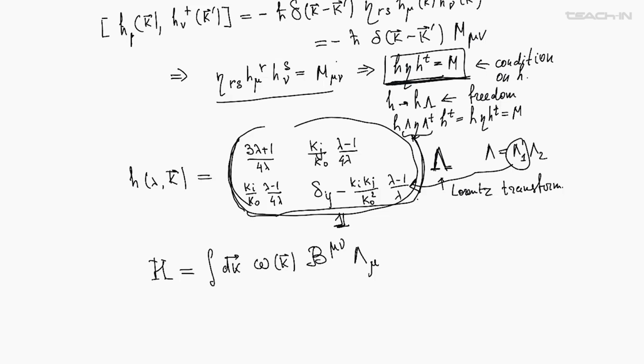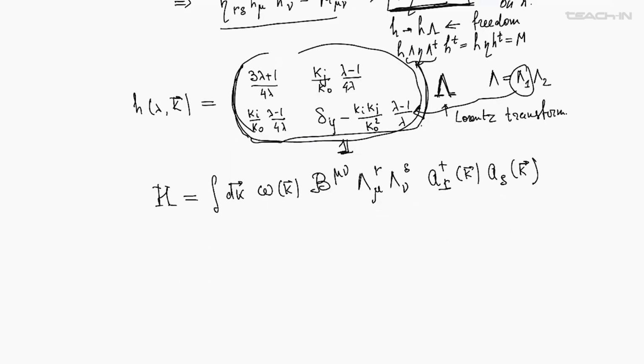Lambda_{\nu S}, A dagger R on K, A dagger R on K, A S on K. This is how this Hamiltonian looks, where B mu nu is a concrete matrix, which has the following form. It's again a 4x4 matrix, which has the following structure. Again, I write it in the block form.